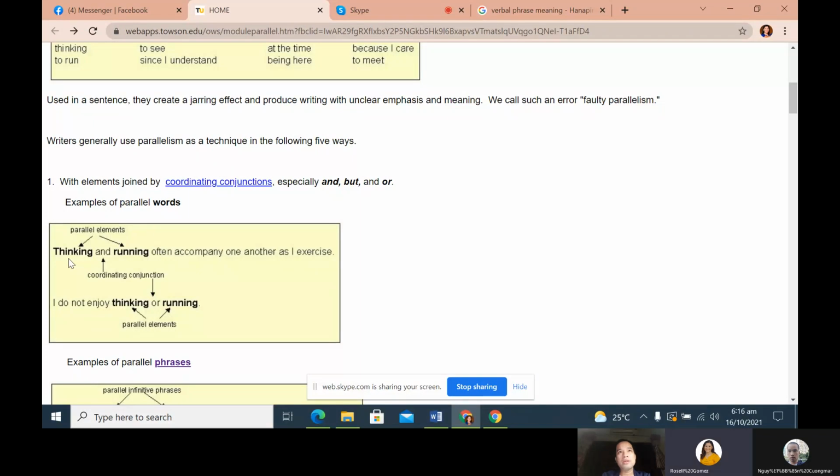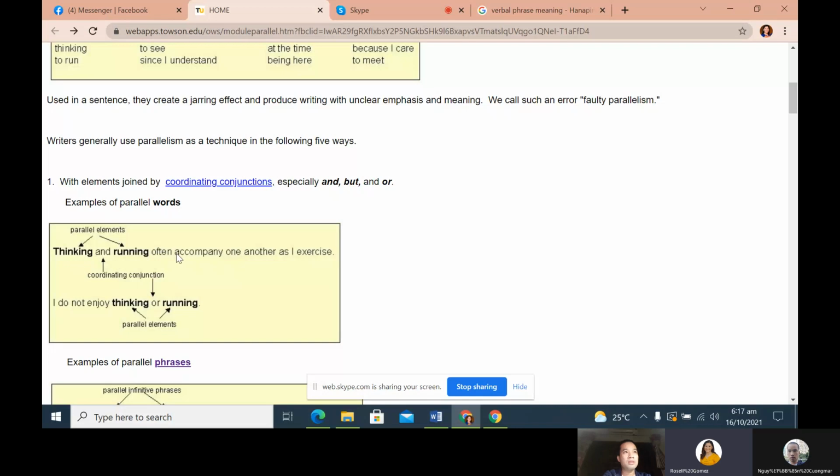Parallel. Very good. Yes, not maybe, you have to be sure it is a parallel sentence. Why parallel? Because it is using similar construction for the words thinking and running.